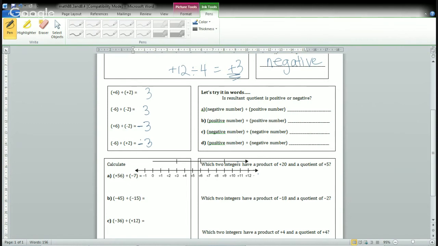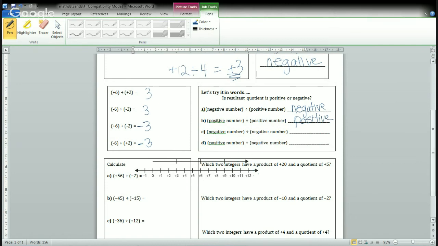Signs negative. Now, sometimes you see questions completely in words, no numbers. This says, if I had a negative number divided by a positive number, that would give me a negative number. A positive number divided by a positive number is a positive number. So I'll let you do those last C and D on your own.